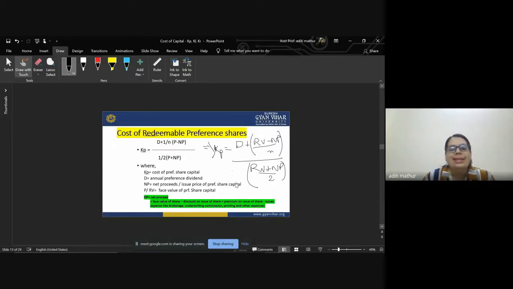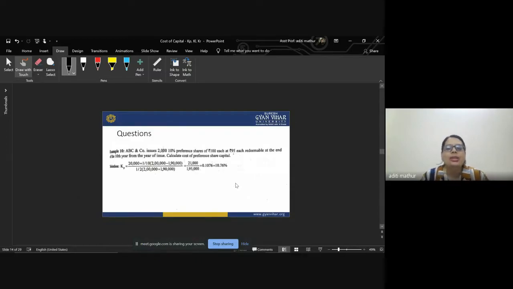The formula is 99% the same as the calculation we did in the case of cost of redeemable debentures. Remember? But the only difference is that the interest element is not here. We have dividend now. Rest of all the parts of the formula are the same. Same how to calculate RV, same in the calculation of your NP. So now let us see one question and understand how to calculate cost of preference share.